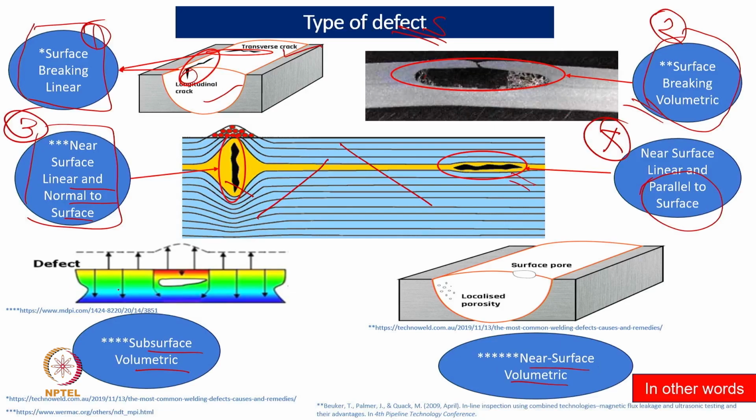It is not very near to the surface, but it is below the surface, while in this case it is a near surface volumetric crack. It can be kind of pores just below the surface, and then after a few cycles, maybe 30 cycles, it may become a big pit also. So, this again can be diagnosed utilizing better techniques.